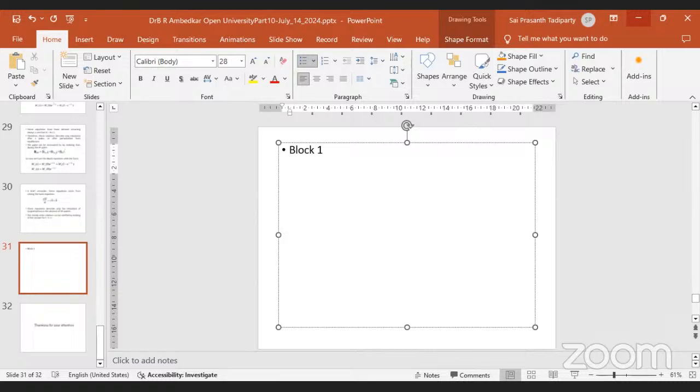This phenomenon is called range straggling, and usually you plot the number of particles in the penetrating beam against the distance. That is the plot that gives you the range straggling. Similarly, energy straggling can also be plotted.